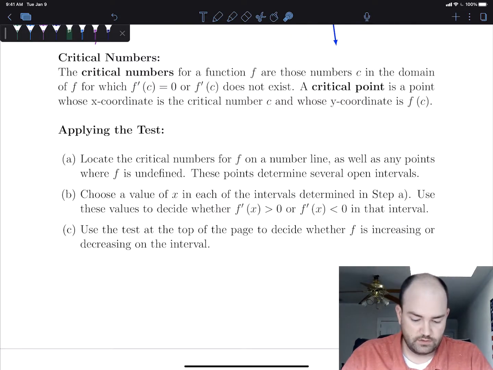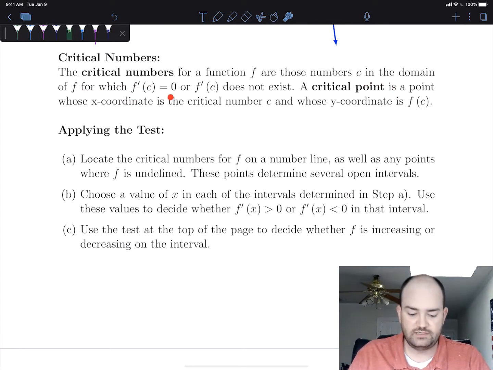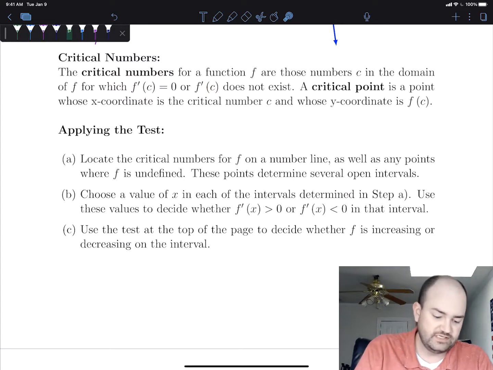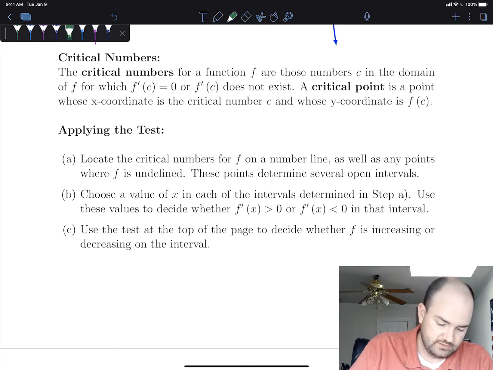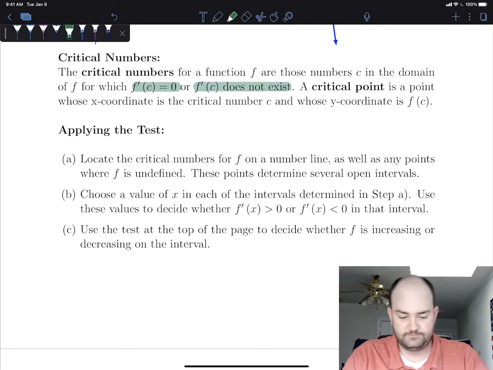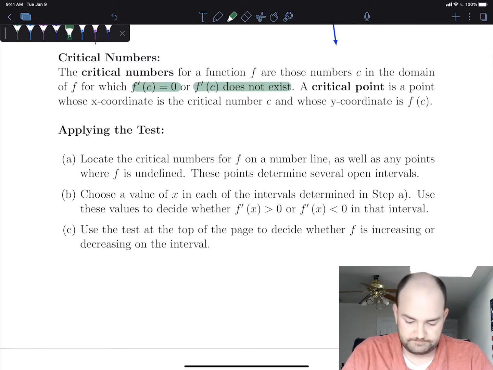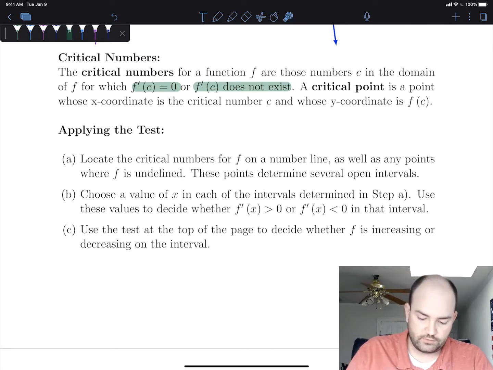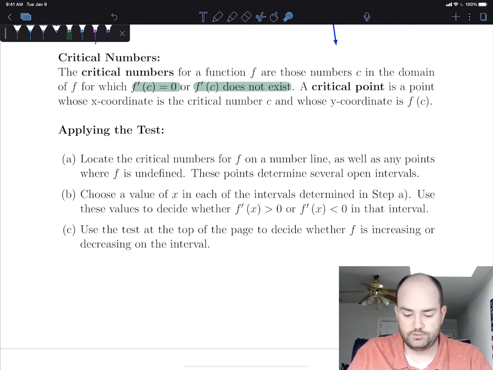The critical numbers for a function f are those numbers c in the domain of f for which f prime of c equals 0 or f prime of c is undefined. So we have two different possibilities: f prime of c equals 0, or f prime of c does not exist. A critical point is a point whose x-coordinate is a critical number and whose y-coordinate is f of c.